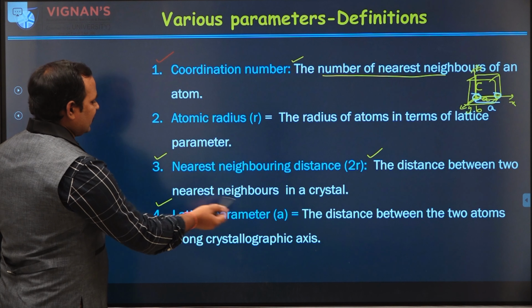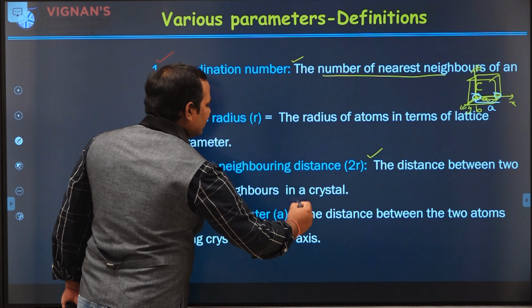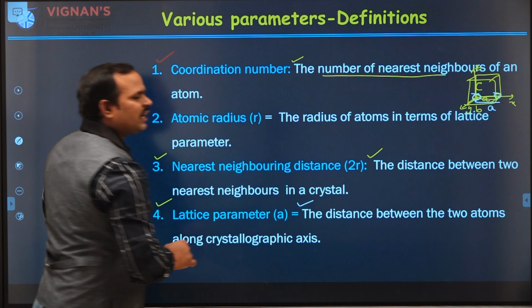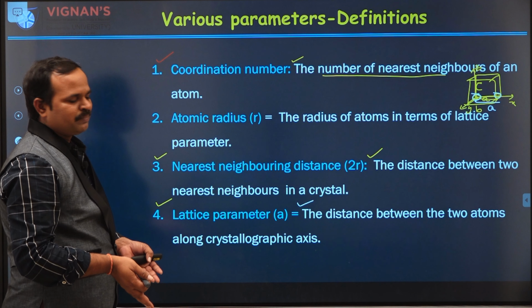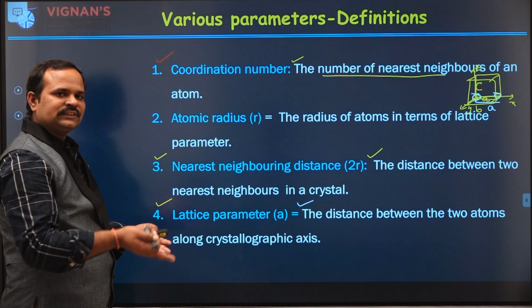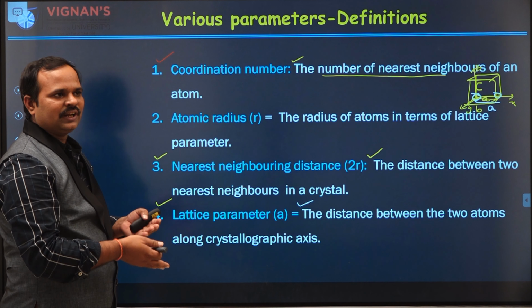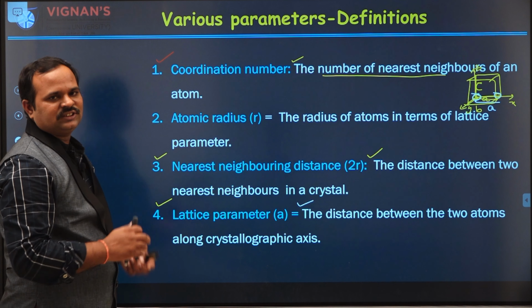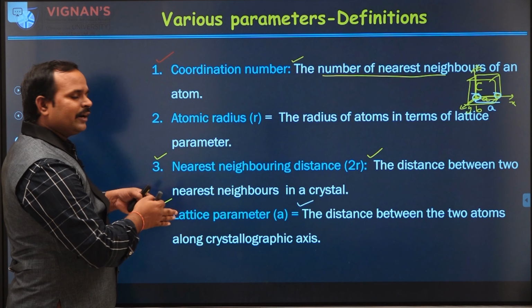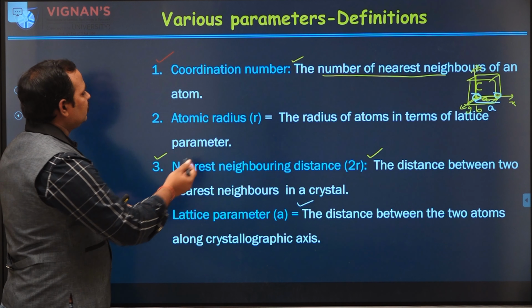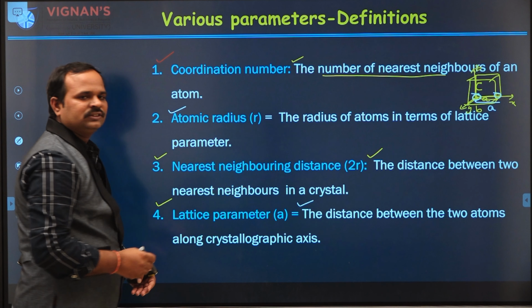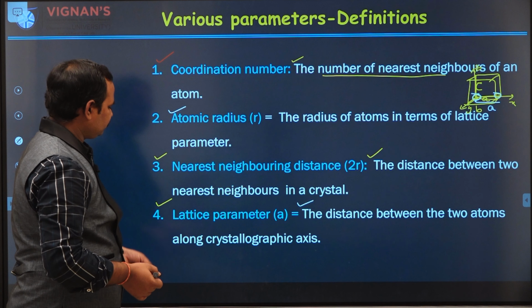So the lattice parameter is the distance between two atoms along a crystallographic axis: A on the x-axis, B on the y-axis, C on the z-axis. But we can find them in terms of atomic radius as we go on.